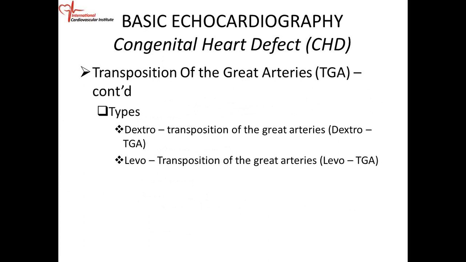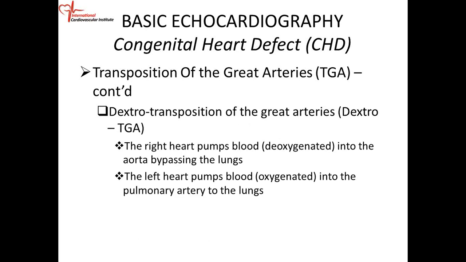So the ventricles and everything are in the same position, but the aorta comes out of the RV, and the pulmonary artery comes out of the LV. They're switched. Then with L-transposition, the ventricles are on the opposite side. That is a very simple way of putting it, but I'm going to show you the difference now.